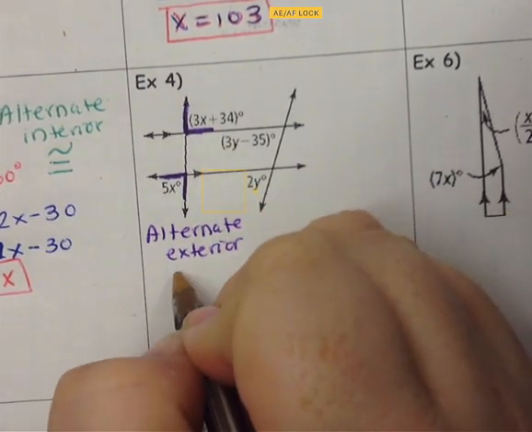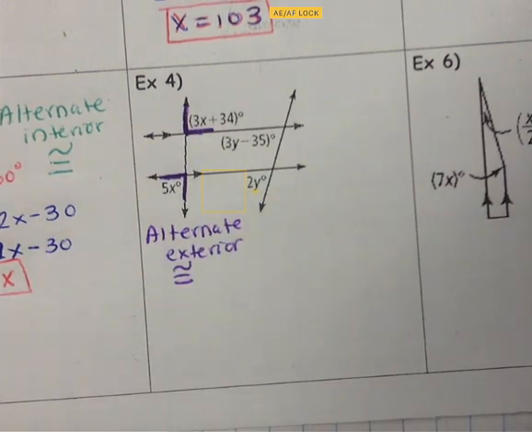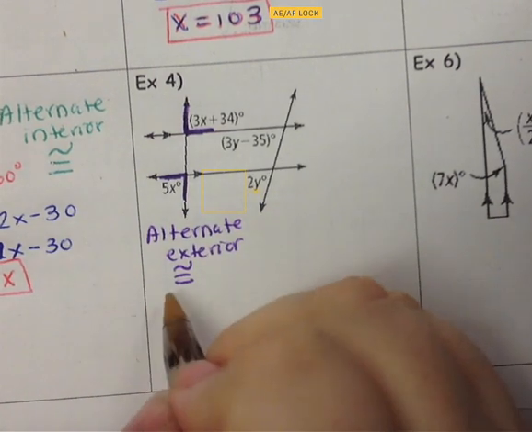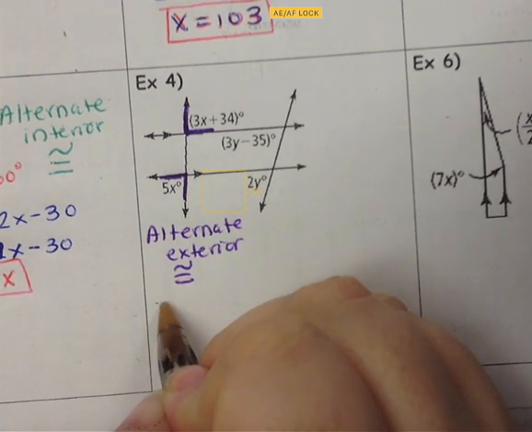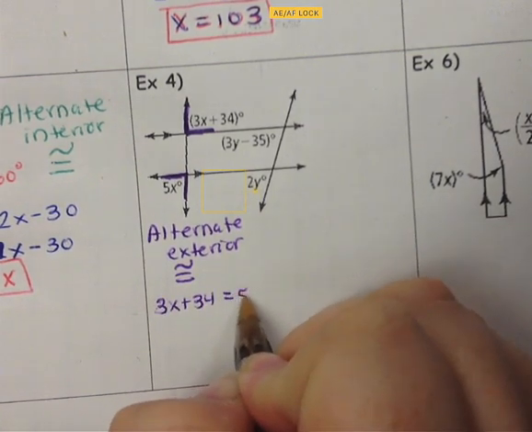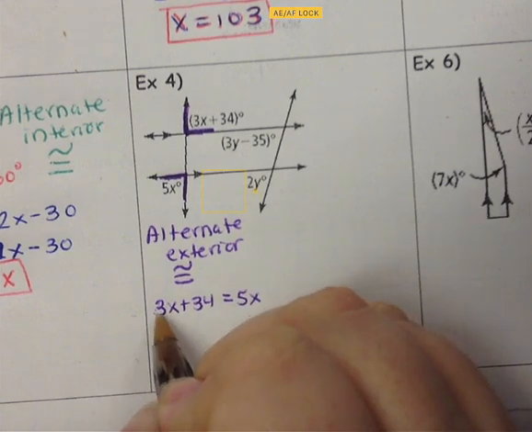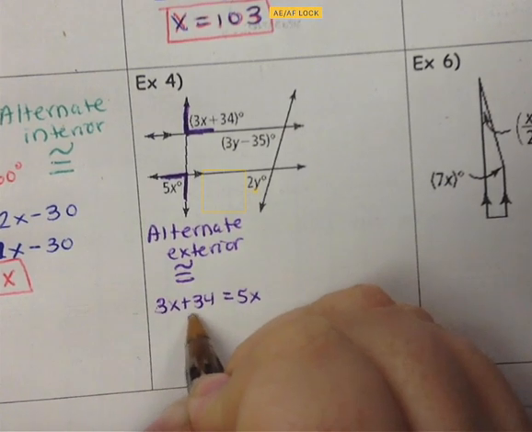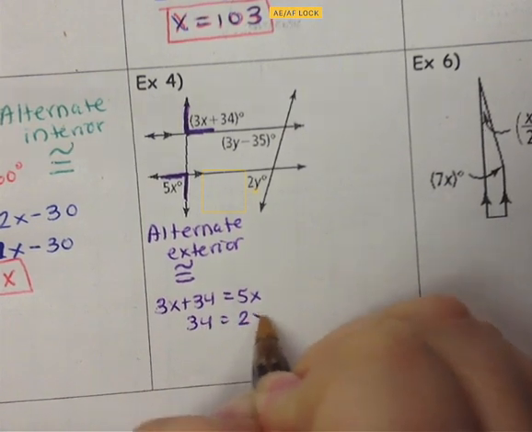The numerical relationship is they are congruent to each other. That means that we can actually set them equal to each other. So we have 3x plus 34 is equal to that 5x. So I'm going to subtract the 3x. I'm going to get 34 equals 2x.